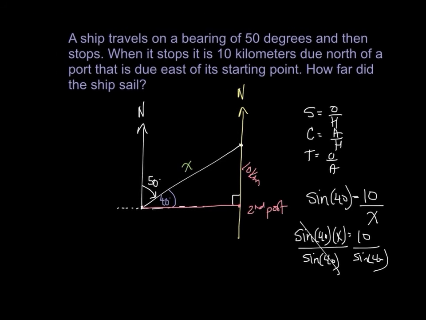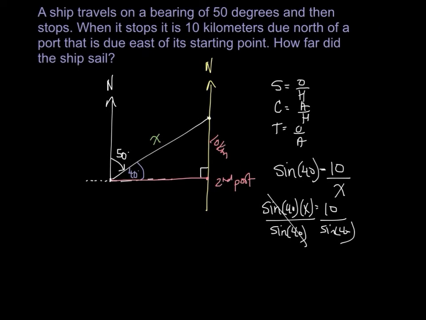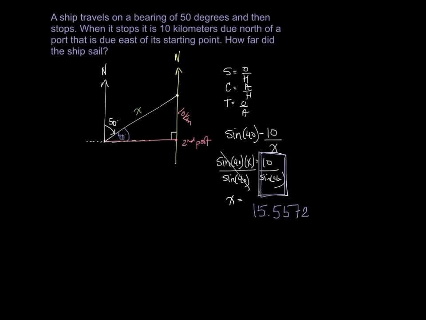So x equals 10 divided by sine 40, which is what goes in my calculator, right? And if I simplify that, approximately 15.6, and I'm talking about kilometers.